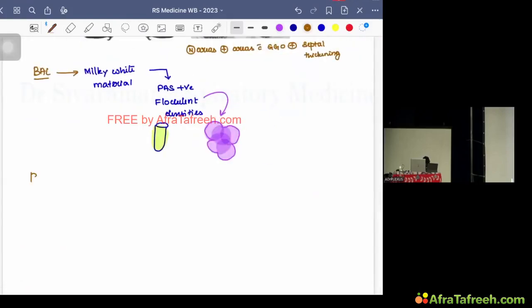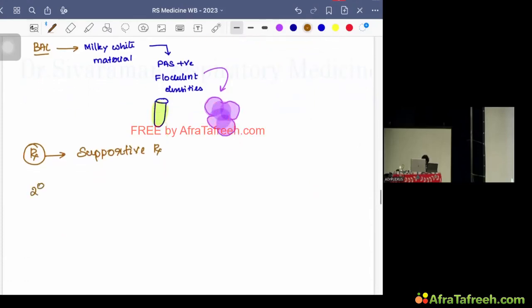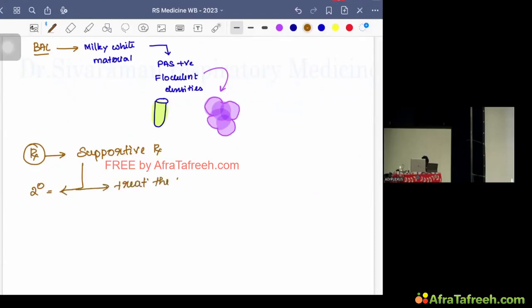Okay, then coming to treatment. The treatment varies from primary to secondary, but usually you will go for supportive treatment only. Whenever it is a secondary cause, supportive treatment plus treat the cause.